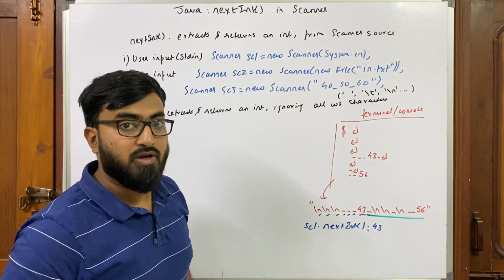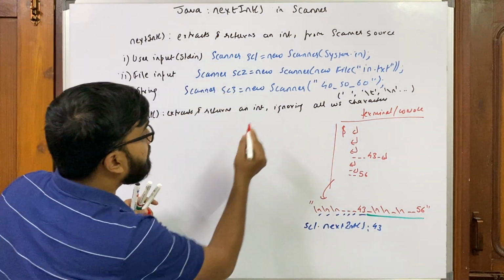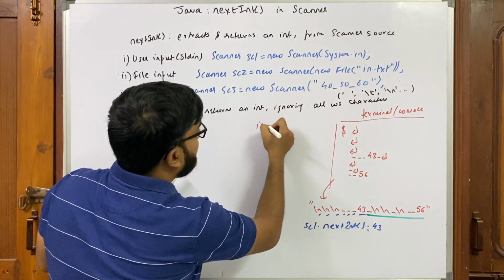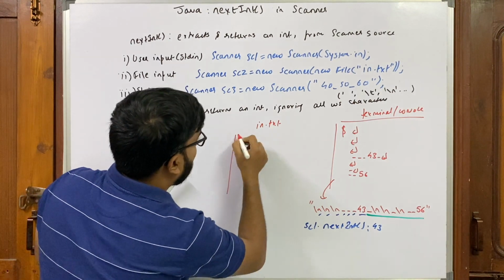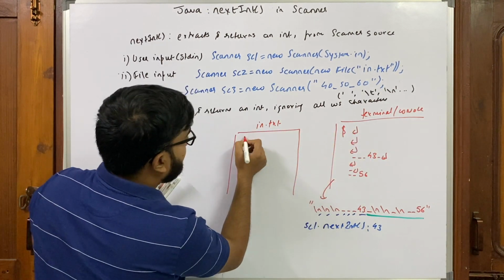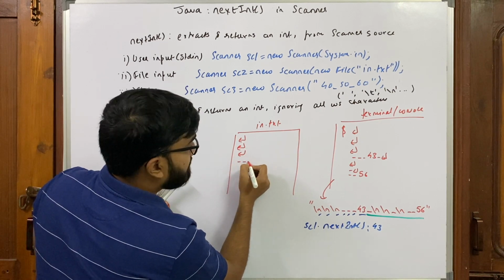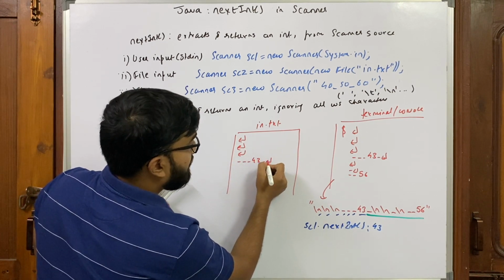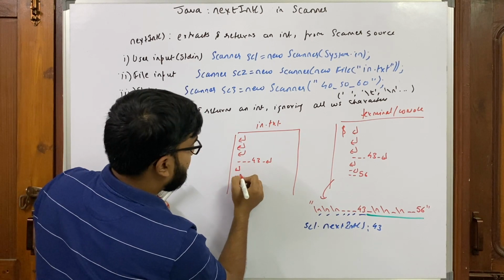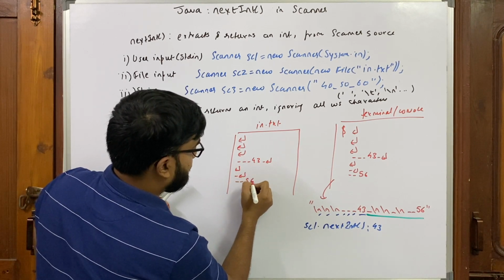Let's consider a second source, which is a file. If I have a file, say in.txt, and my file contents are exactly the same, that is, newline, newline, newline, space, space, space, 43, space, newline, space, newline, space, space, 56.